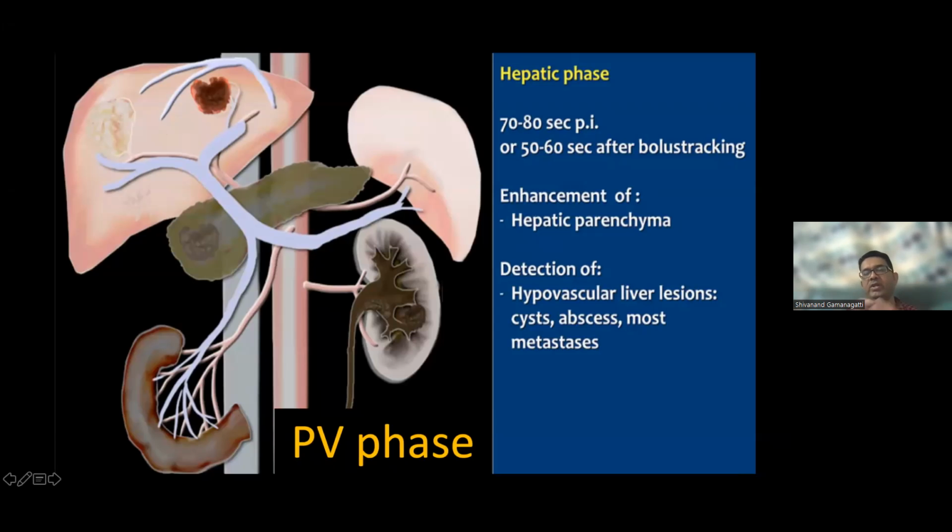Usually it is at 70 to 80 seconds from the time of contrast injection. Again, it helps to characterize focal lesions, especially HCC. If it is an HCC, it will show washout. And it is an important phase for the metastatic workup, because most metastatic lesions are better appreciated in the parenchymal or hepatic phase.